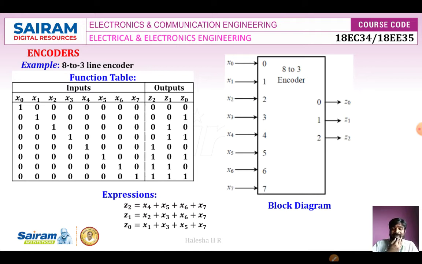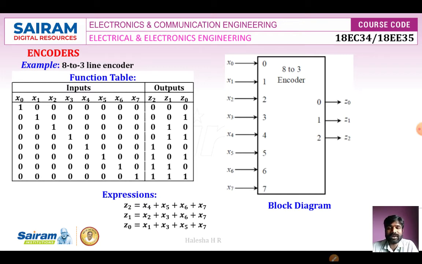That means if any one of x4, x5, x6 and x7 is selected, Z2 is supposed to be 1. Similarly, observe the Z1 column. Z1 is 1 when x2 is selected, or when x3 is selected, or when x6 or x7. That is why the Z1 expression is x2 plus x3 plus x6 plus x7.